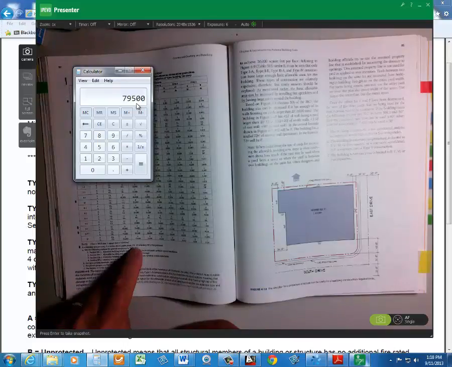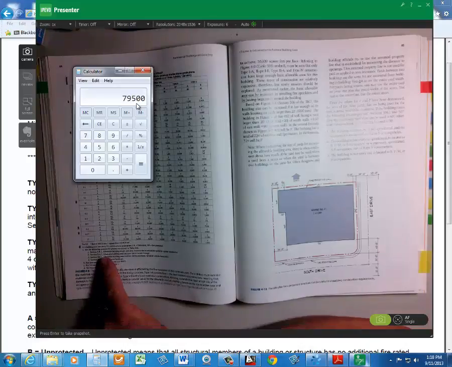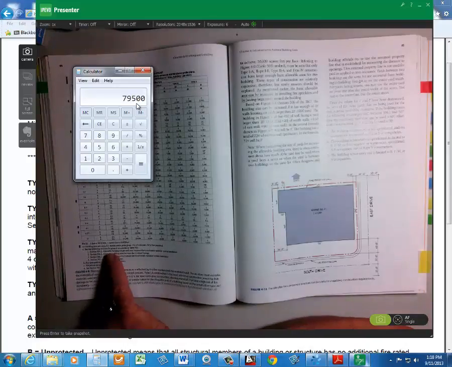So what can you deduce by reading those 3 notes? What would that tell you about the square footage you're seeing there? Okay? Use your logic. Think about it.